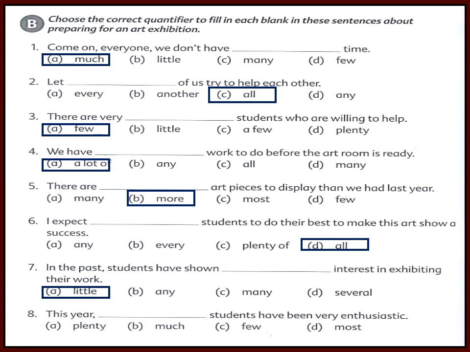Option A, little. In the past students have shown little interest in exhibiting their work. Number 8, this year dash students have been very enthusiastic. Plenty students, I don't think so. Much students, few students, most students. Now you will decide. Most students, right? This year most students have been very enthusiastic.